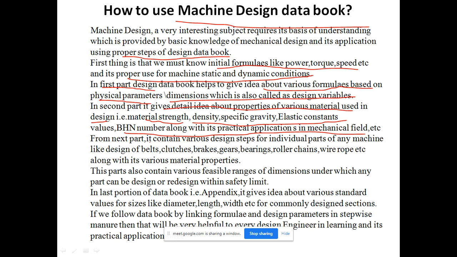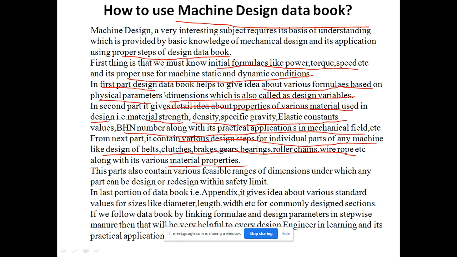Now come to the third part. What would be written in the third part? It contains various design steps for individual parts of any machine, like design of belt, clutch, brake, gear, bearing, roller chains, wire rope, etc., along with their various material properties.